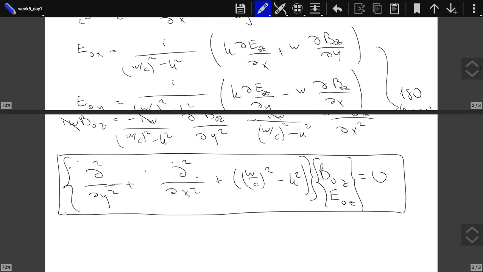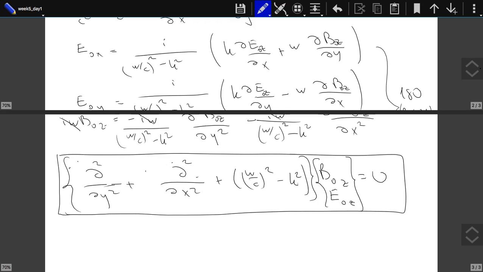Now, of course, if I want both of them to be equal to 0, also in the case of a waveguide, if I'm looking for a waveguide, in the infinite cross-section case, there's no problem. I can set E0z equal to 0, B0z equal to 0, and so E0x will be non-zero only if k minus omega over c is 0. k squared is equal to omega over c squared.